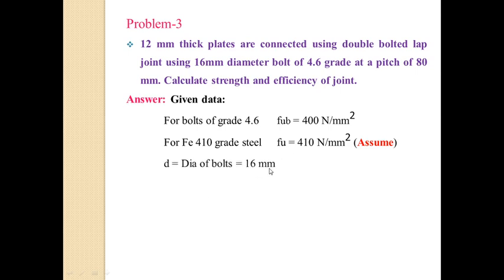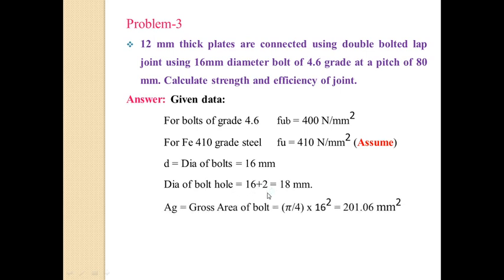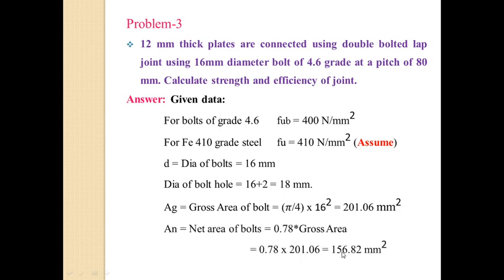Diameter of bolt is given, 16 mm. From that we can calculate the diameter of bolt hole, that is 18 mm. Then gross area is pi by 4 into d square, that is 201.06 mm². Then net area is equal to 0.78 multiplied by gross area. By putting the values in the formula, we get 156.82 mm².